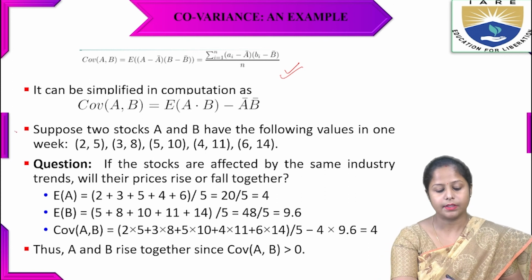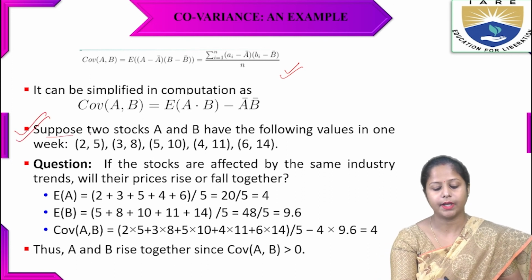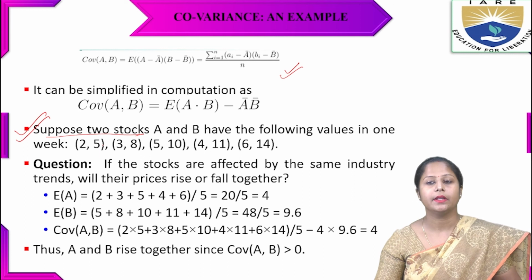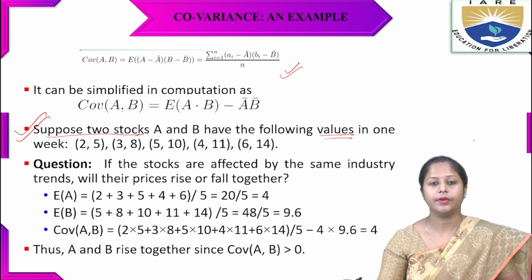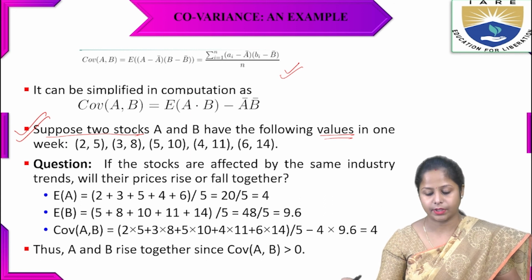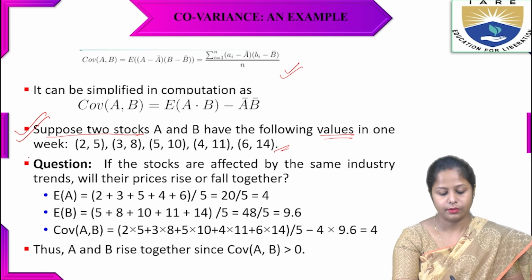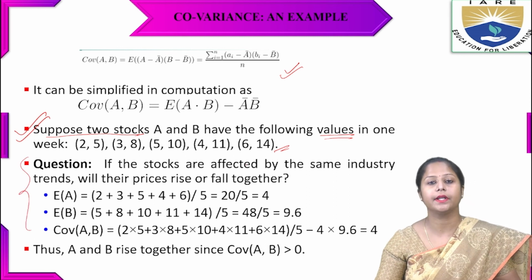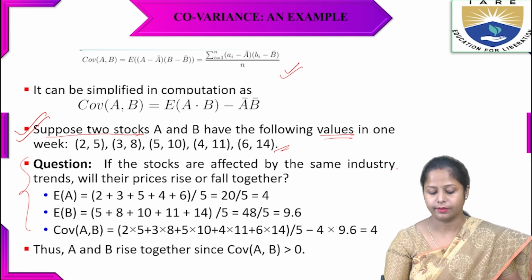Suppose we have two stocks, A and B, with the following values over 1 week: 2, 5; 3, 8; 5, 10; 4, 11; and 6, 14. If the stocks are affected by the same industry trends, will their prices rise together or fall together? We have to check that.